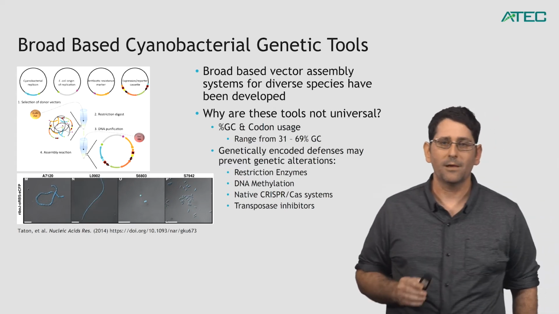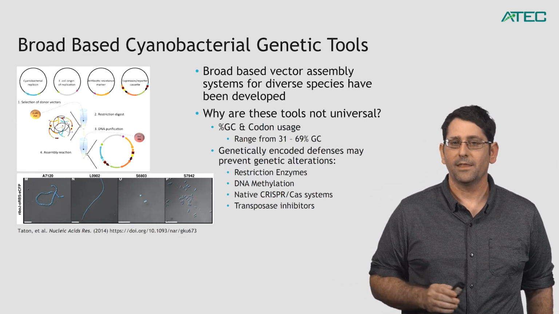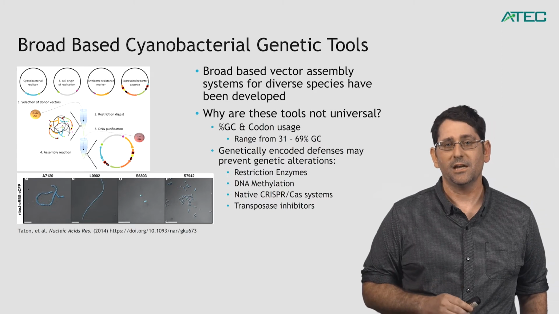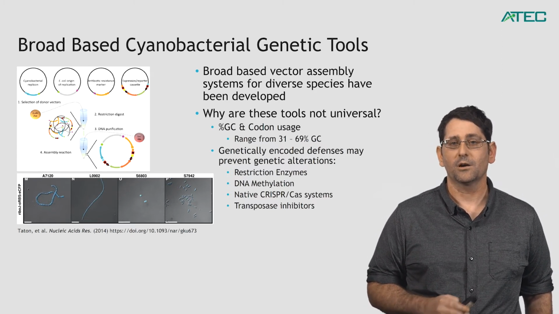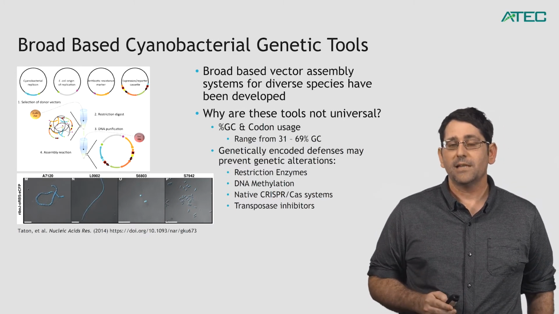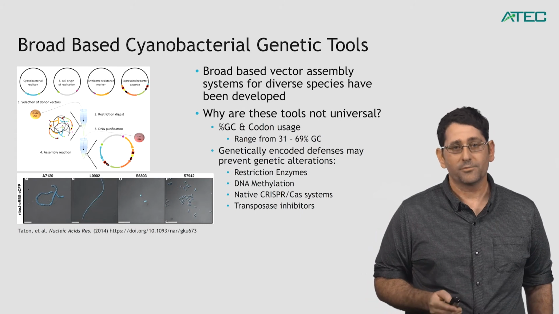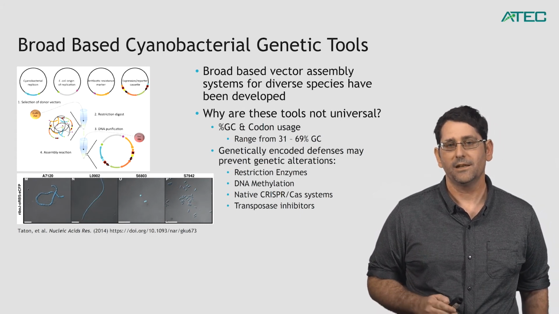But oftentimes, something that we have to think about is why these tools aren't universal. So for example, a reason that they may not be universal is that the GC content of the genomes are quite different, and thus the codon usage of these genomes are quite different. Cyanobacterial genomes can range from 31 up to 69% GC, which is a very large range to have to work in and to be able to encode proteins in the DNA.